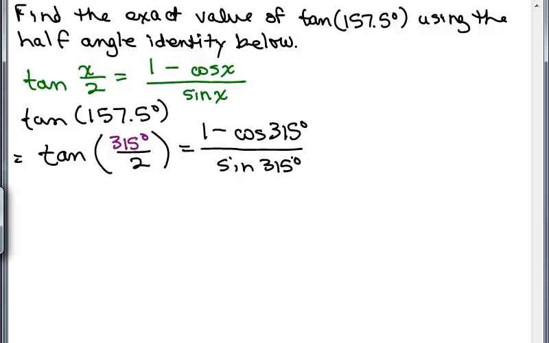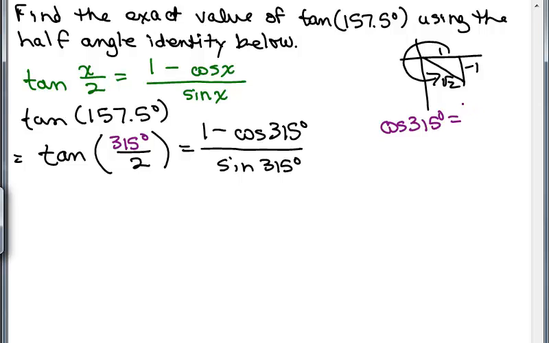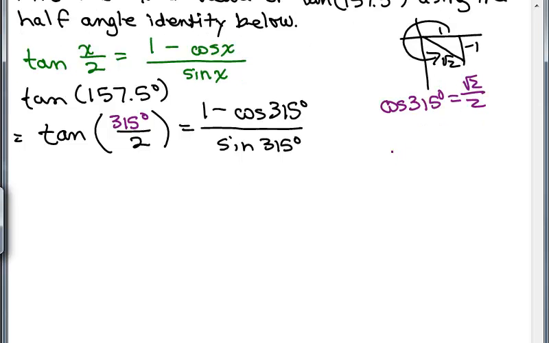And the reason we're able to find the exact value is because for 315 degrees, you can figure that exact value out, and I do it by realizing 315 degrees is over here in quadrant 4. I think of my values here on the triangle, my x and y coordinates basically, and I could see that the cosine of 315 degrees is 1 over square root of 2, or square root of 2 over 2.